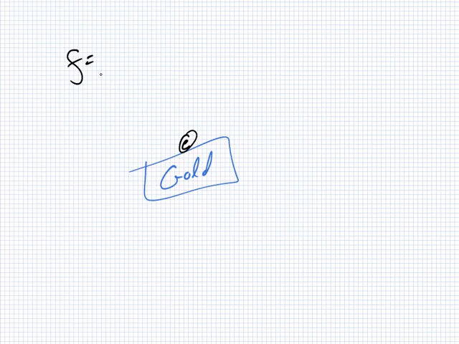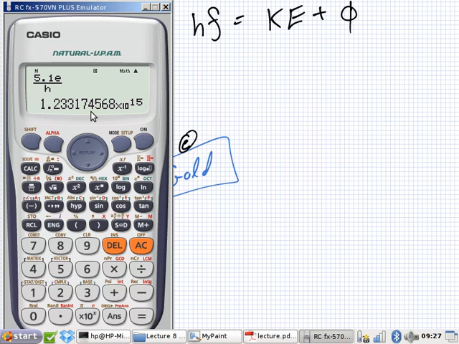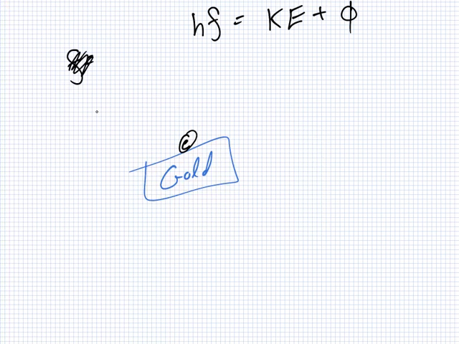So, what's our formula? hf equals KE plus work function. Now, this is the answer. In fact, I don't really need this answer for the second part because I can do a little trick here. Because I know that this f is going to be twice the threshold.